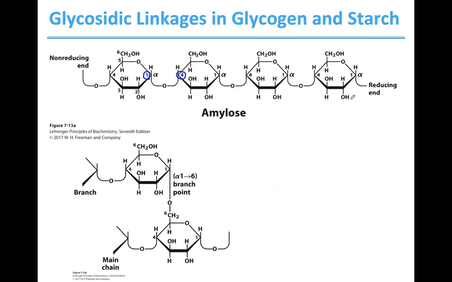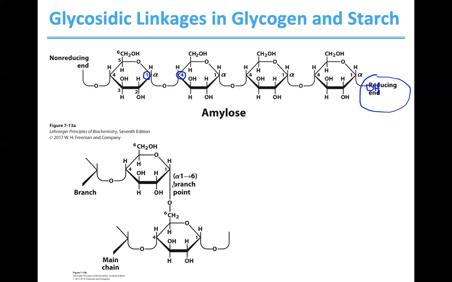So you start, let's say, with the reducing end, on this side, where there will be most likely an OH. And there is a non-reducing end, which will continue on, and there will be no hemiacetal on this side. So amylose 1 to 4, and it's alpha, and amylopectin.